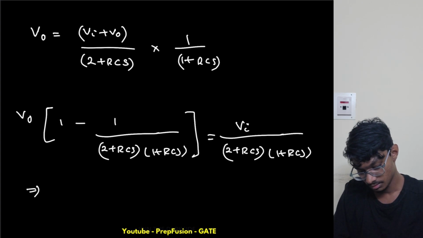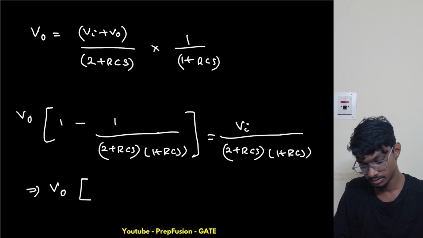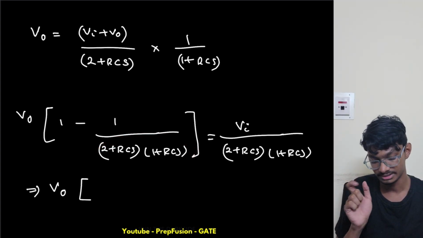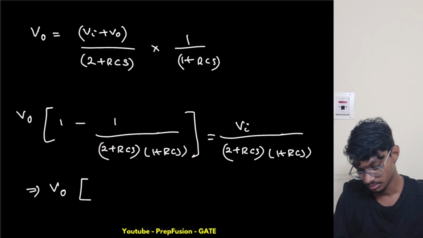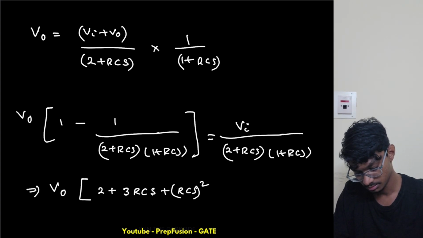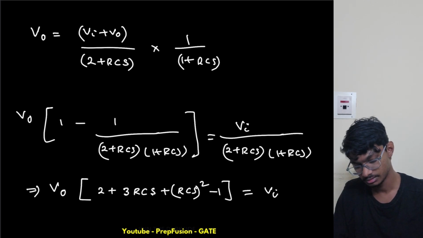So what do we get? Vo equals this term, right? This term is like 2 plus 3 RCs plus RCs whole square, so this is Vi.